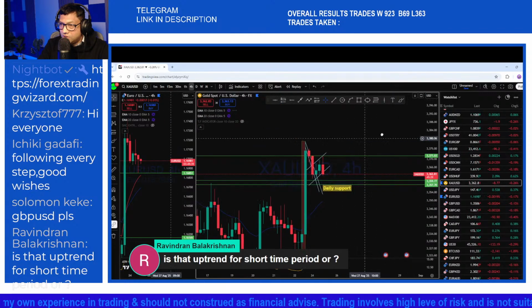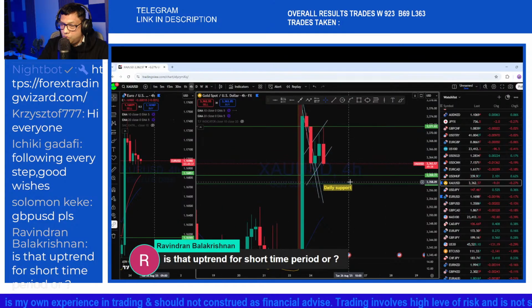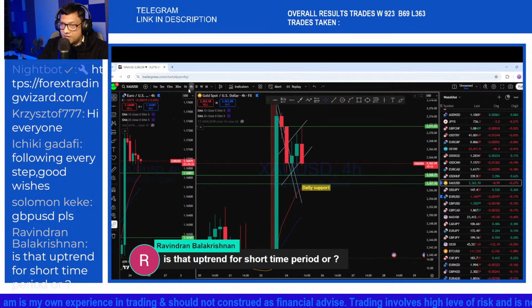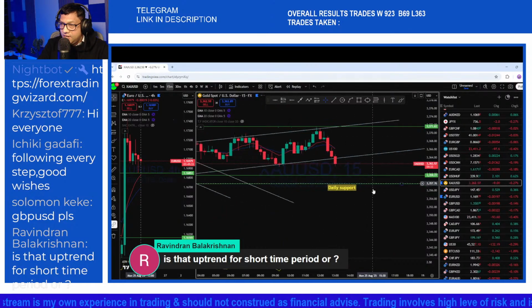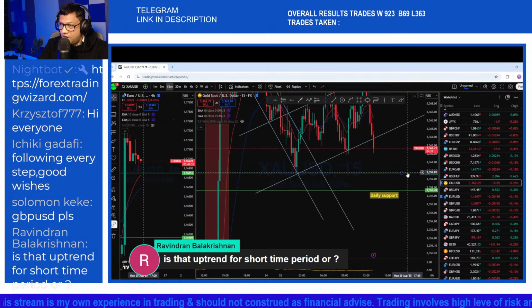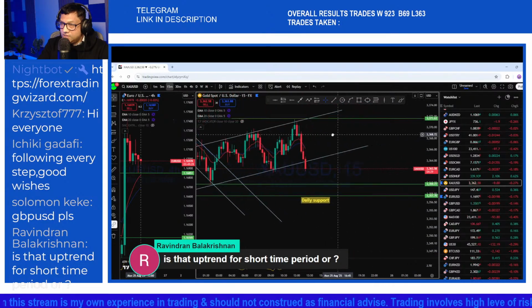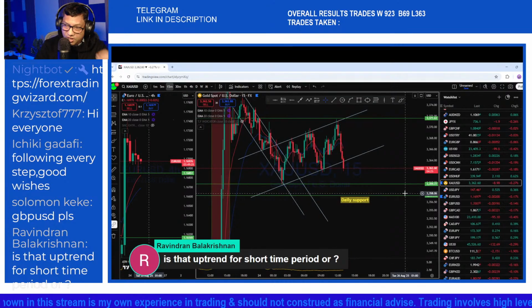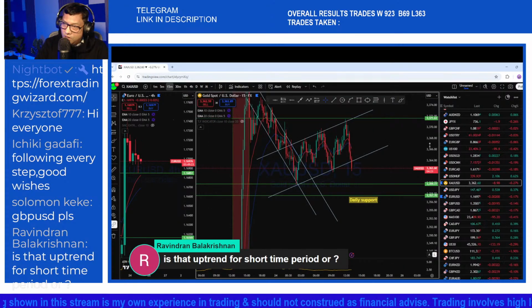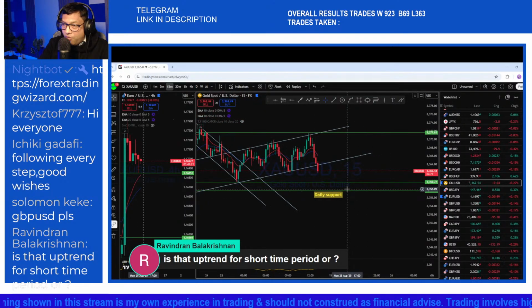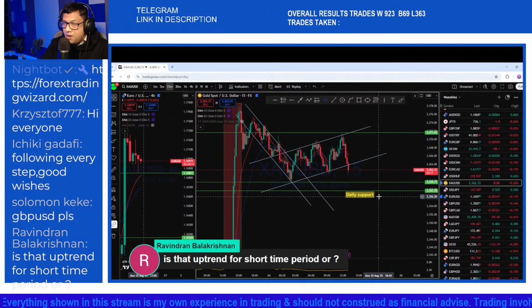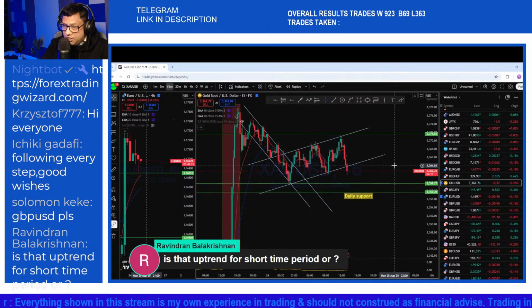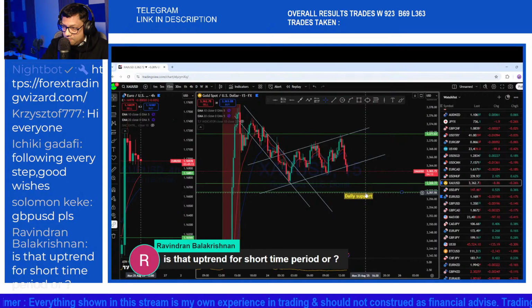From the 4 hour chart here you can see also it is a bull market. Looking here at the 15-minute chart, we can see that it's a long-term bull market. So in a long-term bull market, we only look for bullish setups. We will be looking for only buying opportunities in this market.